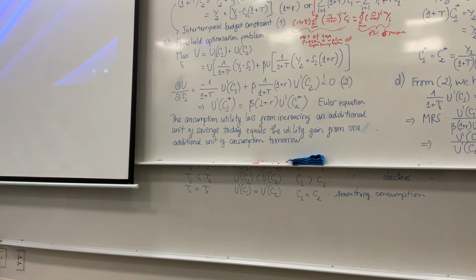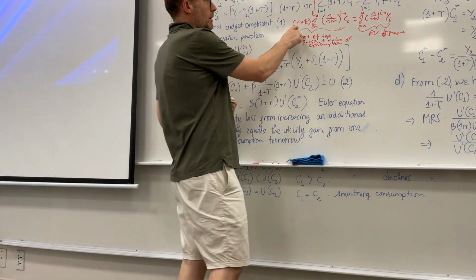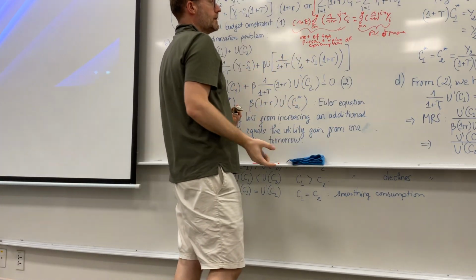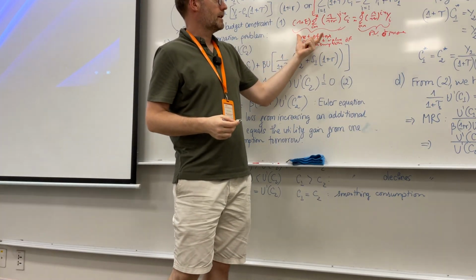So what we see is the effect of this constant tax, and that's so important, is this tax, when it's constant, all it does is it increases the present value of consumption, right?